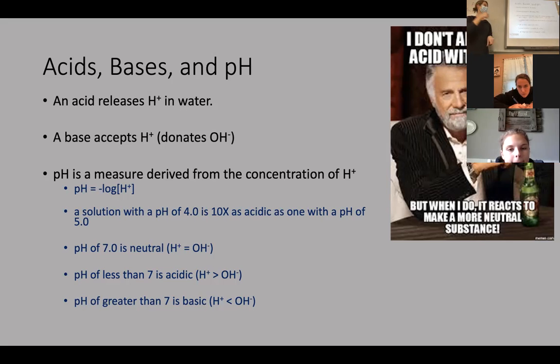So that's an easy thing to forget if you're thinking about the equation for pH, because you're thinking, well, more hydrogen ions means it'll give you a higher number here, right? But it's actually opposite because of that negative. So anything with a pH on the low side, below 7 is acidic. Anything with a pH above that neutral 7 is basic.